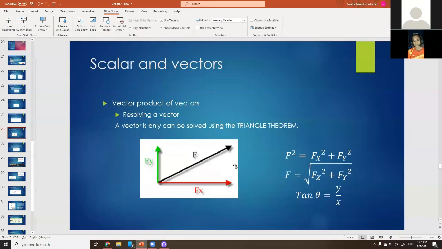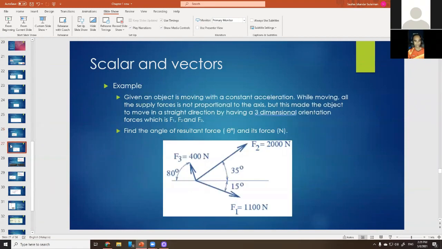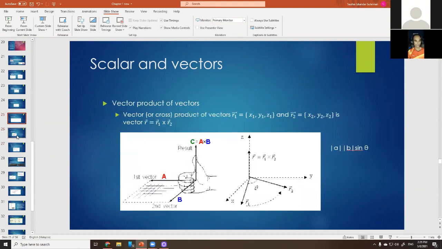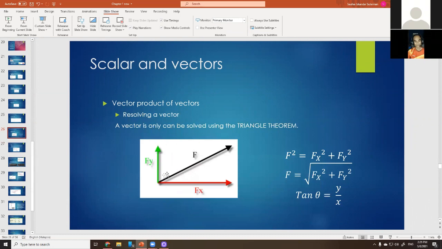So how to get the resolved components? Running out of time. How many minutes? 10 minutes for now.